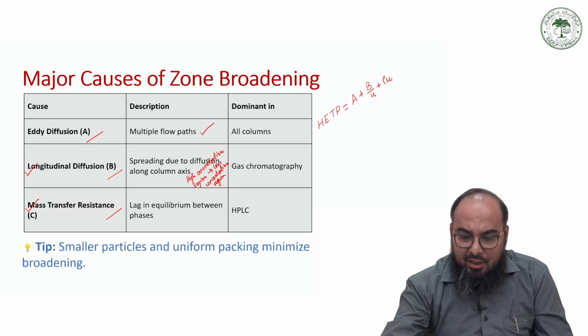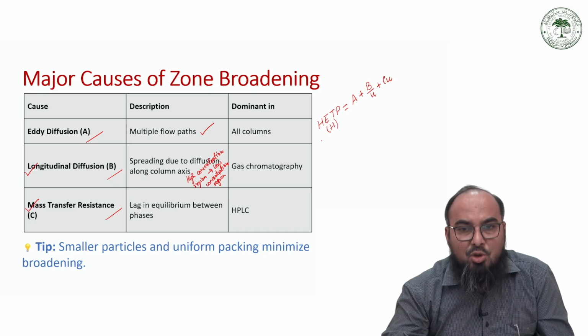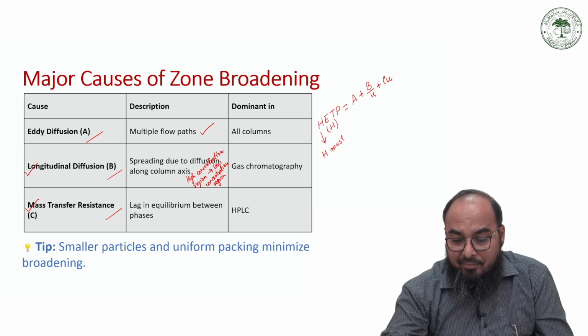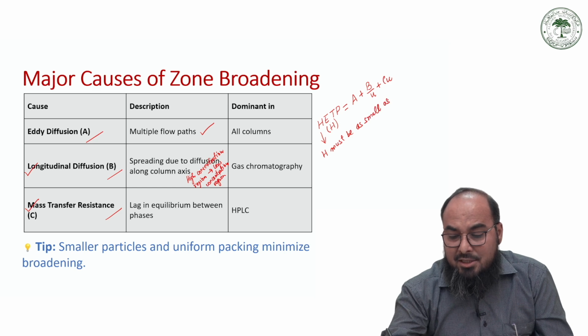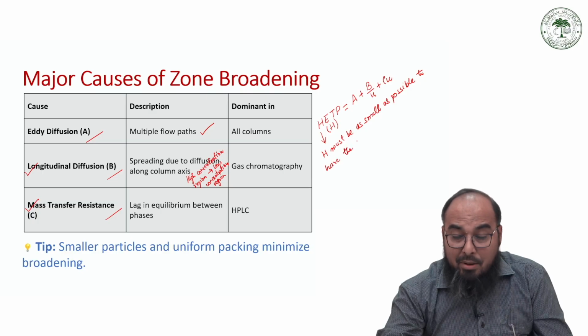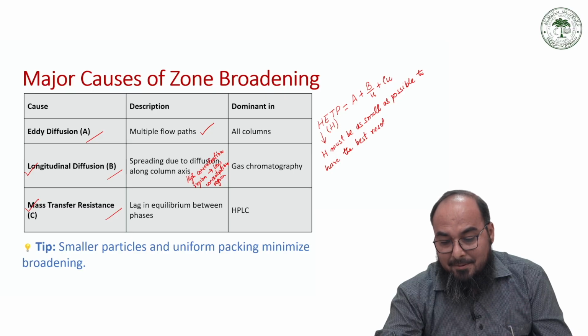So this HETP or H, to have a better resolution, must be kept as small as possible, that is, H must be as small as possible to have the best resolution, that is Rs.